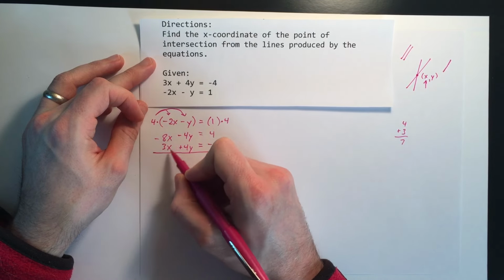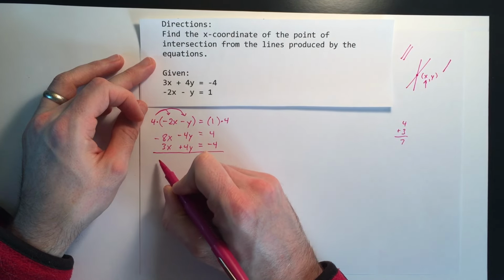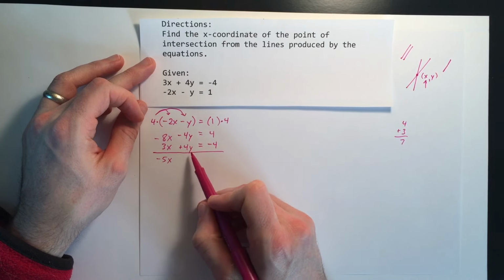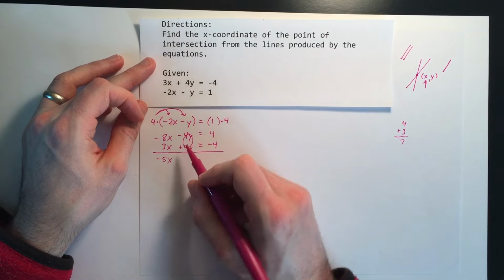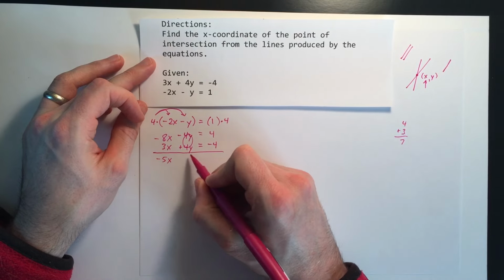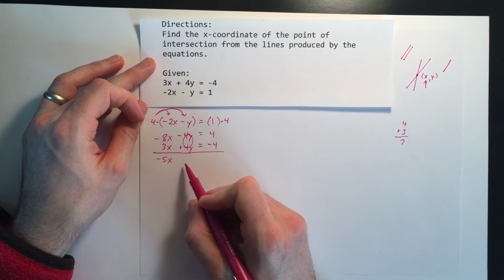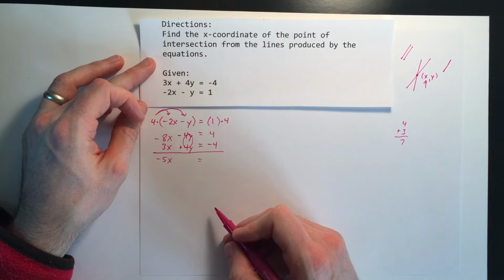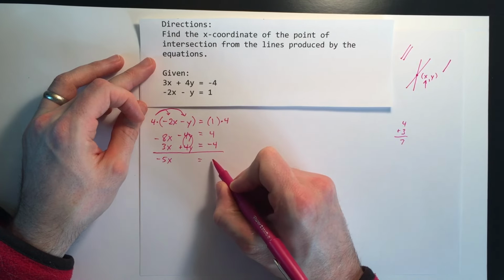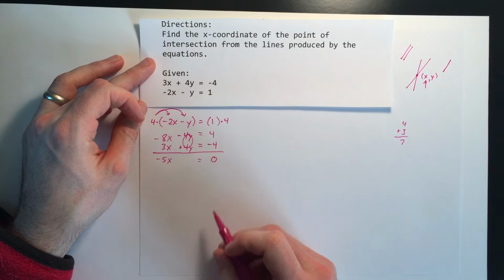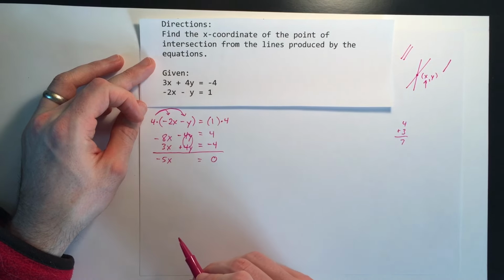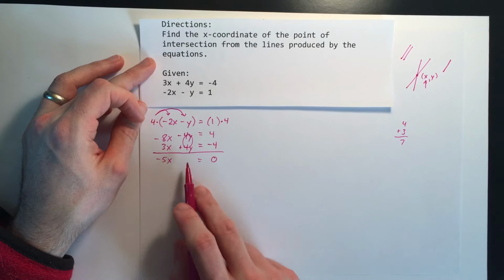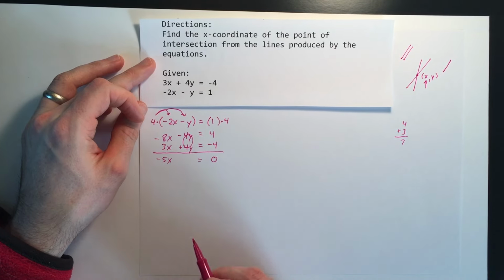Add those together or combine those, combination, makes negative 5x. Negative 4y and positive 4y make 0. And that's why we multiplied each side by 4 so that we would get no term there with a y in it. Equals 4 and negative 4, so positive 4 and negative 4 also makes 0. Now we are going to write a 0 on this side just to remind ourselves that we didn't forget that there is something over here, which is a 0. Here, since we got the negative 5x, we'll just leave that blank.